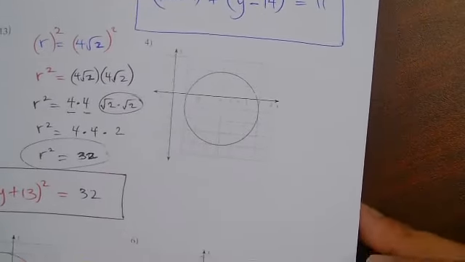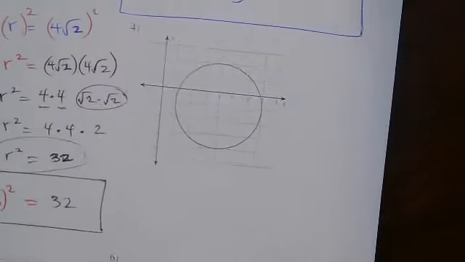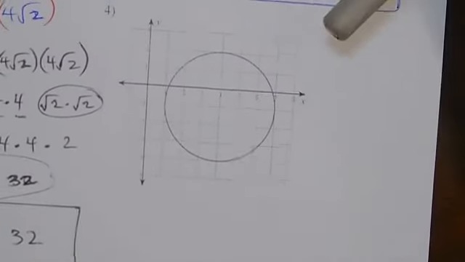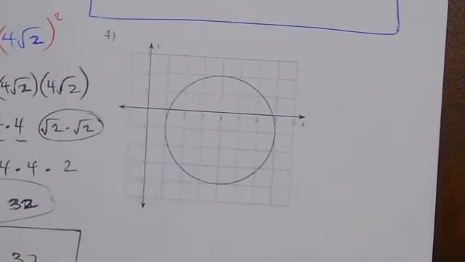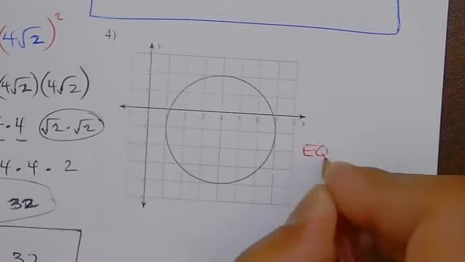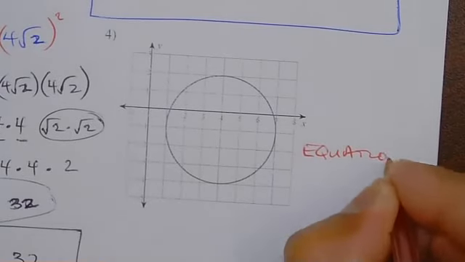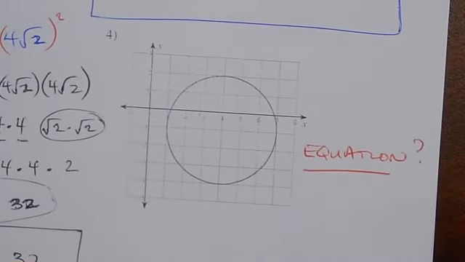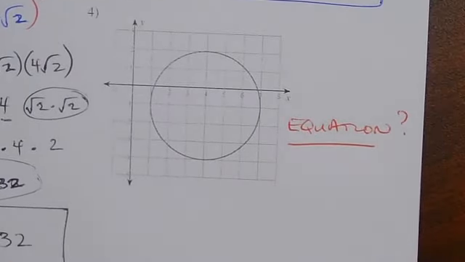Number 4, they don't give you a center and a radius. They give you a picture, a graph of a circle. Anybody know how to find the equation? If they just give you a graph, they give you nothing else. How would you find the equation if they just give you a graph?